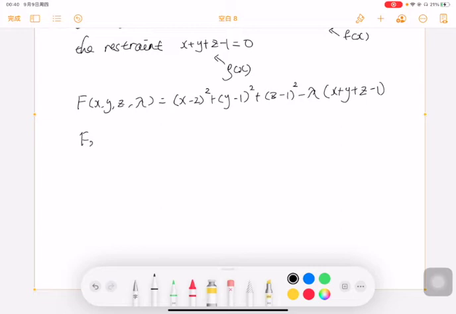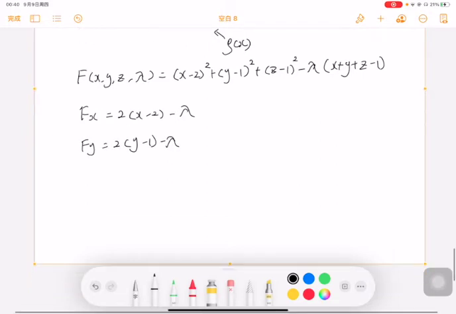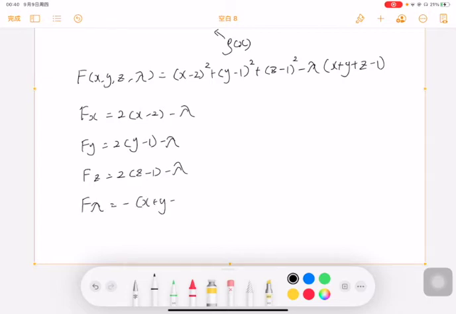F partial x equals 2 times x minus 2 minus lambda. F partial y equals 2 times y minus 1 minus lambda. F partial z equals 2 times z minus 1 minus lambda. F partial lambda equals minus x plus y plus z minus 1. And all of that equals 0.